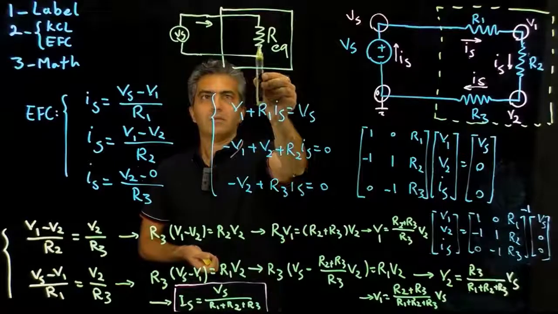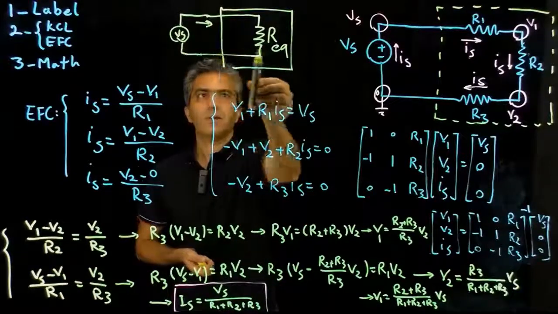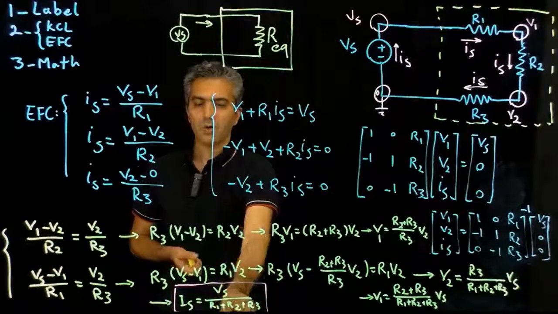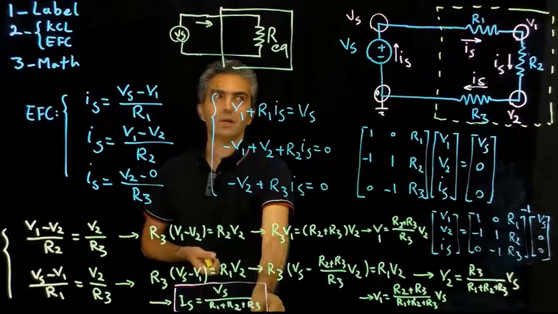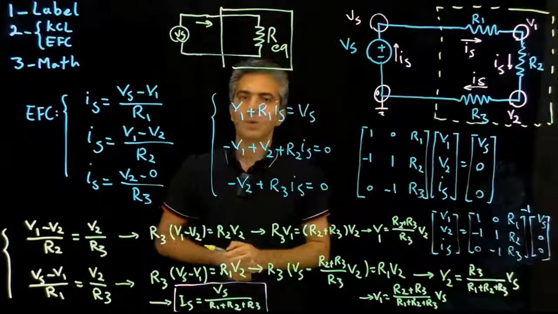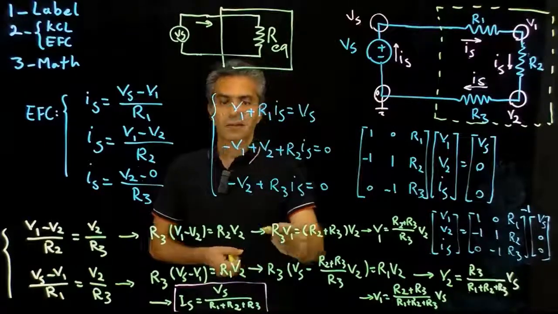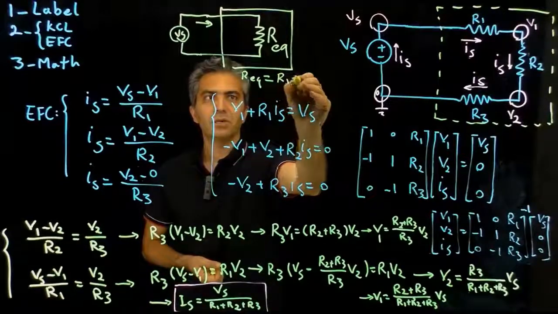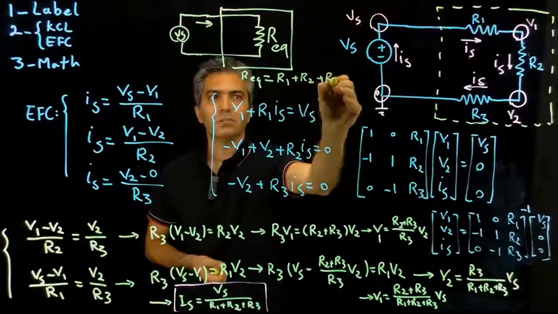So Vs divided by R equivalent has to be equal to Vs divided by R1 plus R2 plus R3 for these two boxes to be equivalent to each other. If that's the case, then R equivalent has to be equal to R1 plus R2 plus R3.